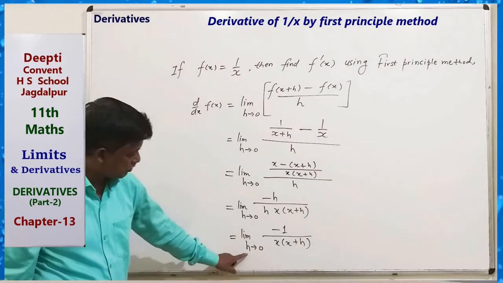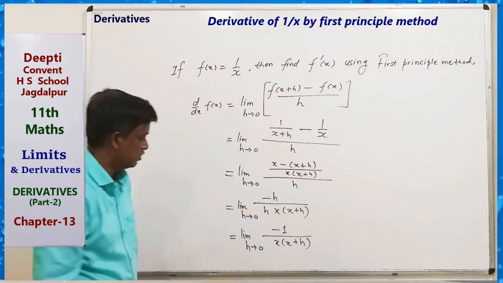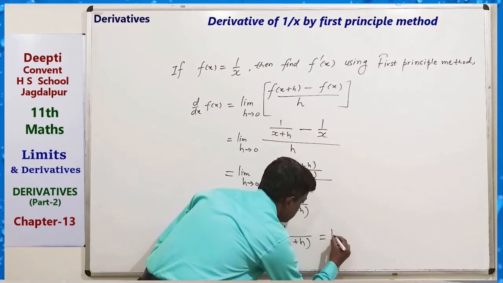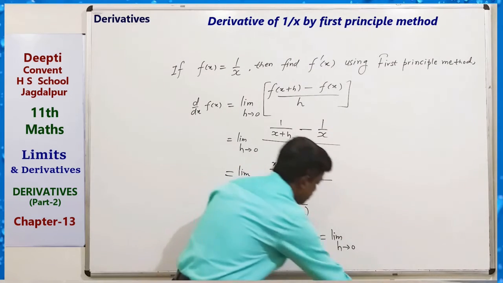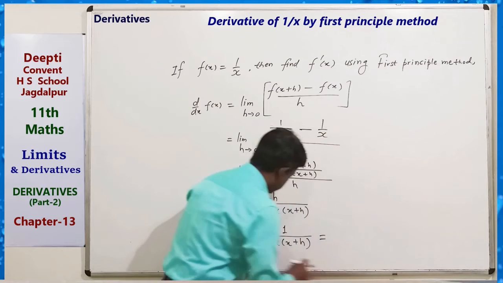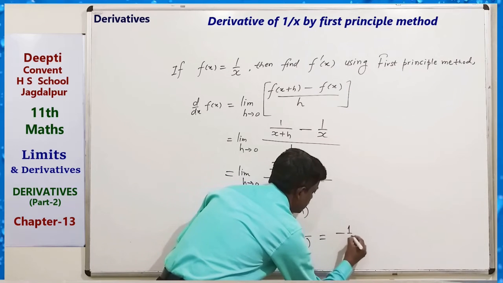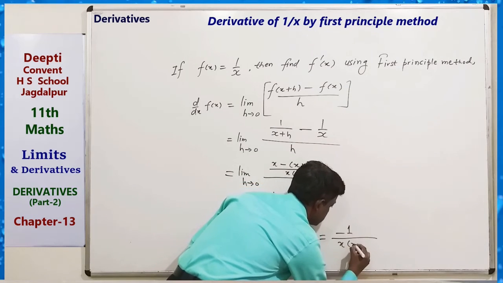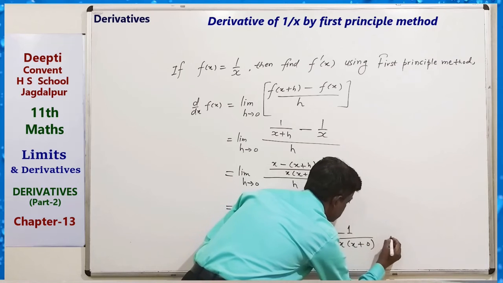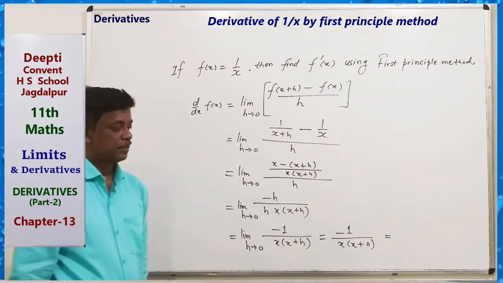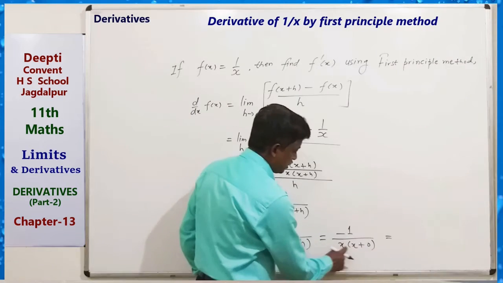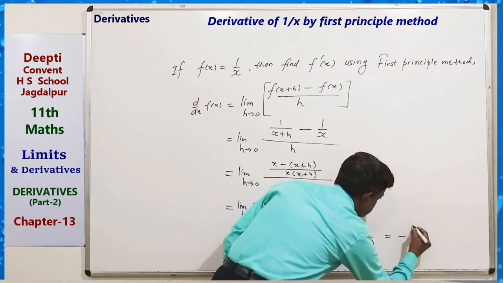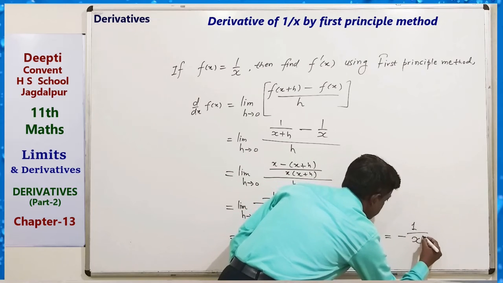Now we can put the value h equals 0, so minus 1 upon x plus 0, so minus 1 upon x square.